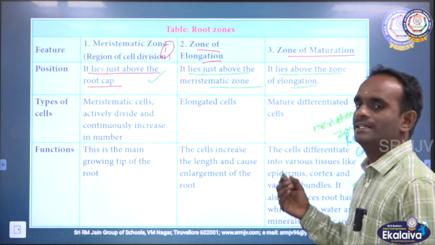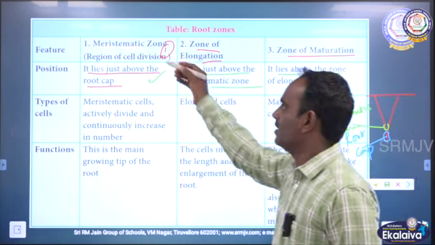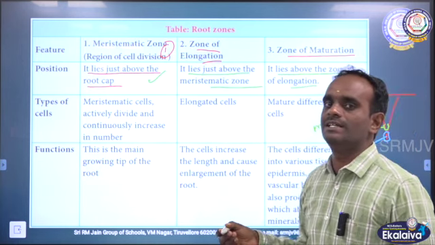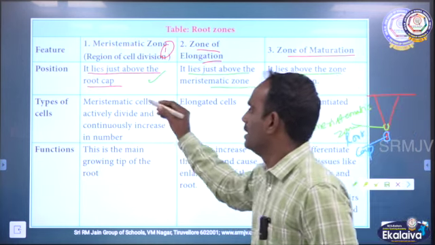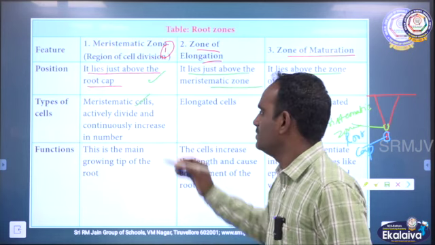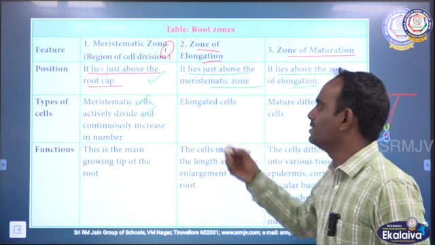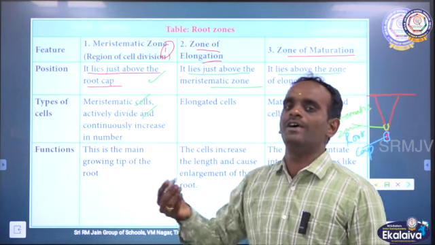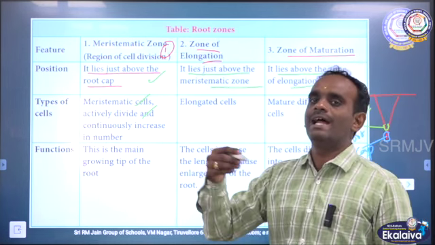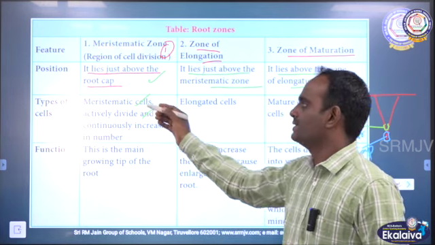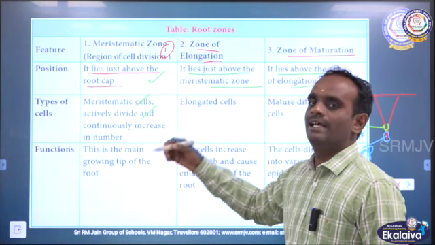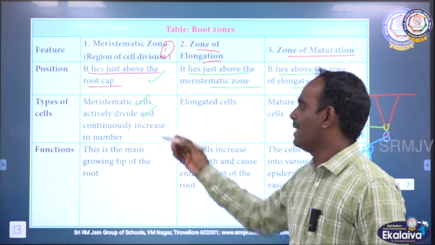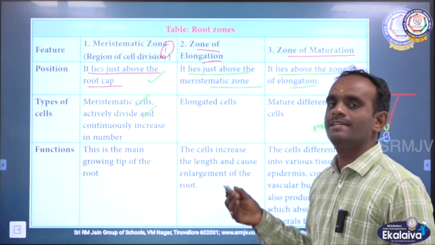Okay. Then cell type. In case of meristematic zone, what type of cells occur? Here meristematic cells actively divide and continuously increase in number. All the meristematic cells often undergo cell division and increase their number.